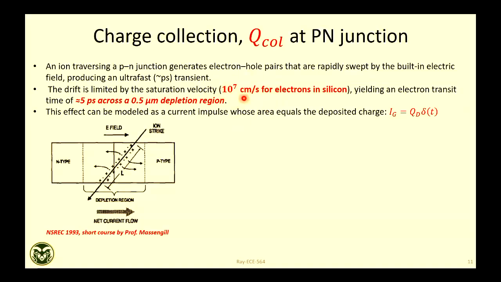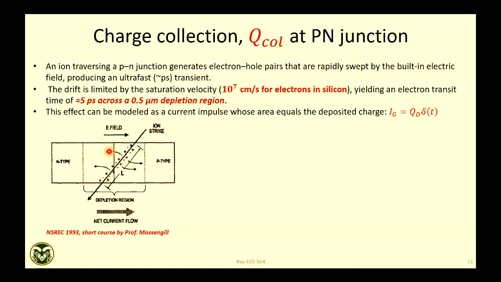If you multiply with the thickness, suppose your substrate thickness is 0.5 micron, you can find out how long the electron will take to get collected. So around 5 picoseconds. Distance divided by speed will give you time. So this is the time scale we are talking about. In a couple of picoseconds, all the deposited charge will be collected.